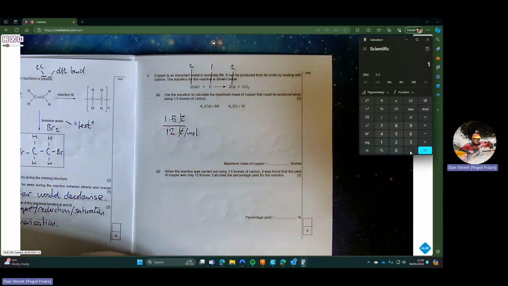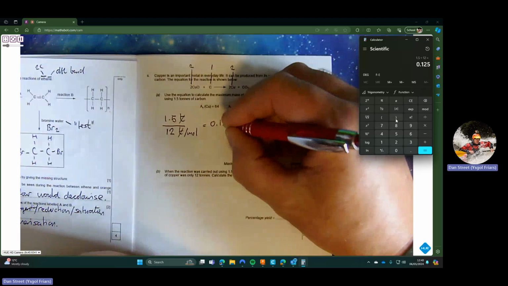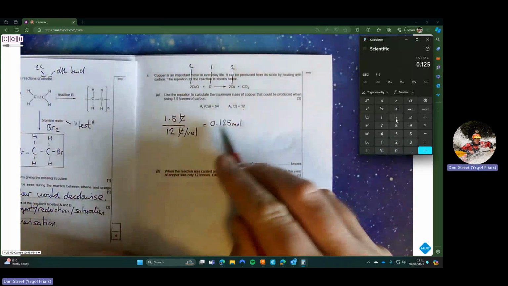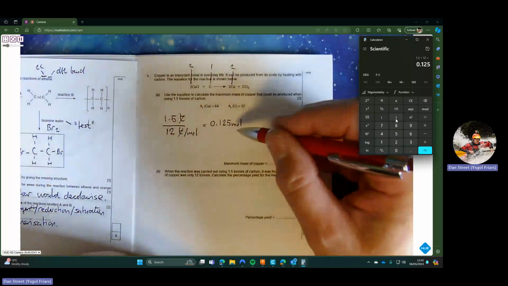So 1.5 divided by 12 gives us 0.125 moles. Now the purist out there will say it's not actually moles because we're using tons and not grams, but the numbers will work.